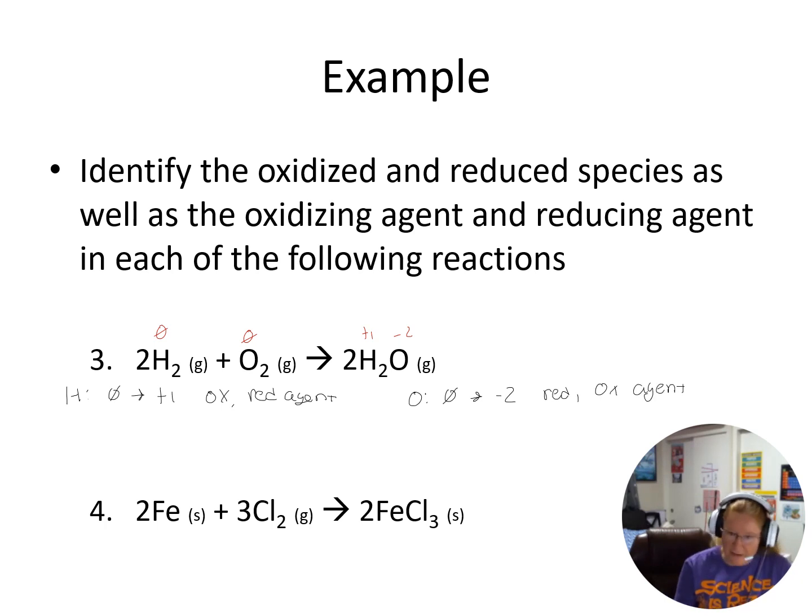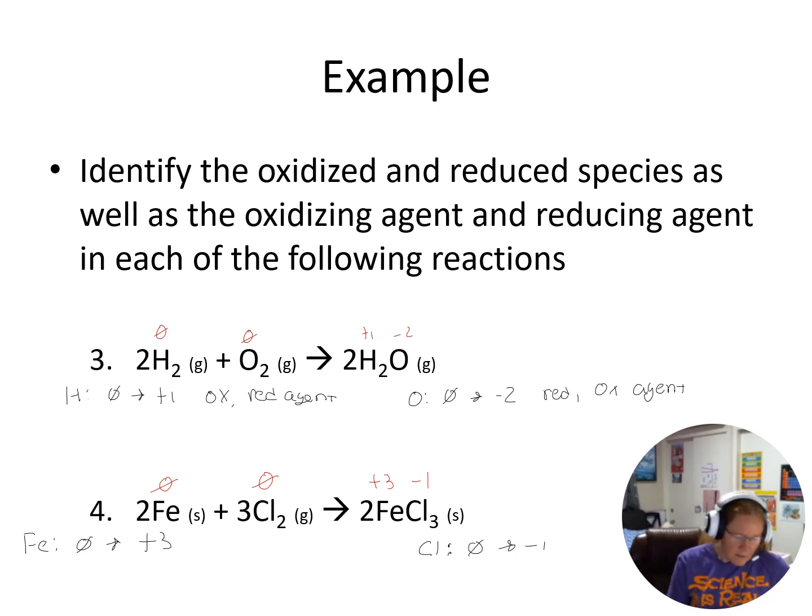Okay, all right. And then our last one, iron and chlorine are in their natural states on the reactant side, and they're in an ionic compound on the product side, -1. There's 3 of them for an overall -3, so this is why this is a +3. That's iron 3 chloride. So iron went from a 0 to a +3, and then chlorine went from a 0 to a -1.